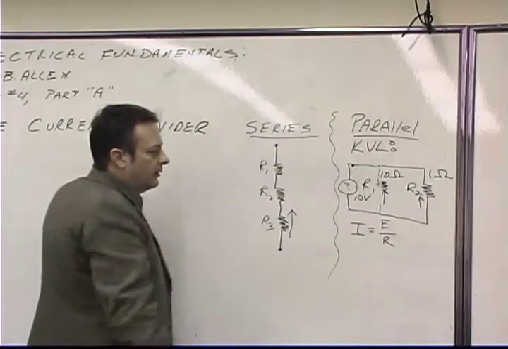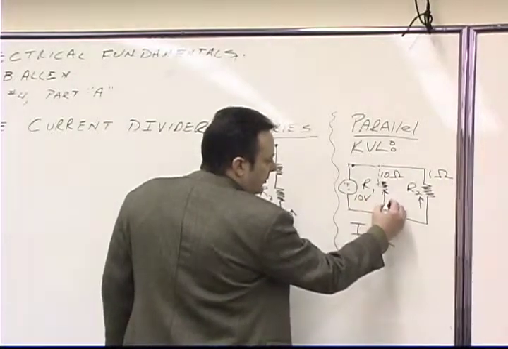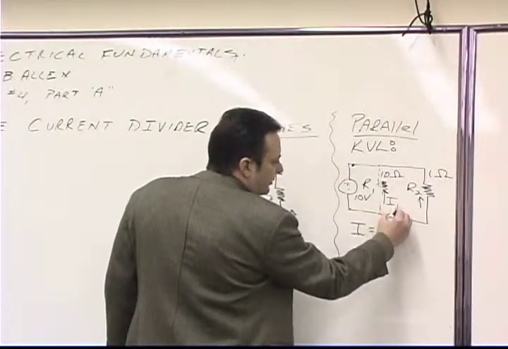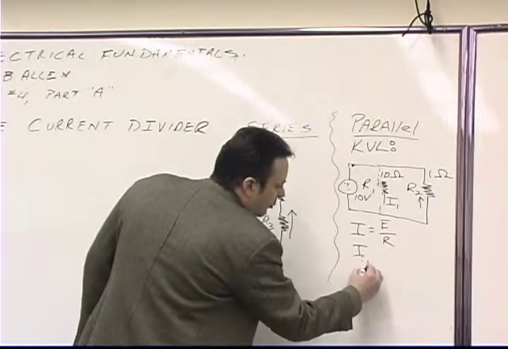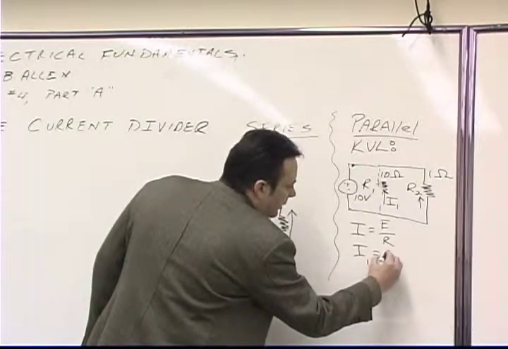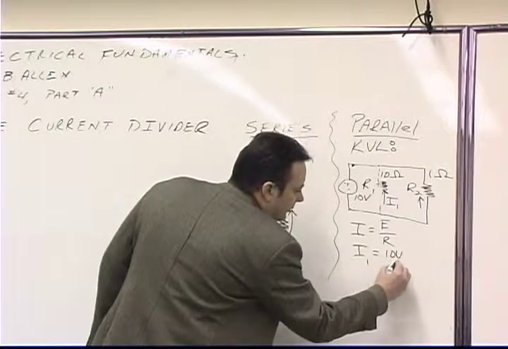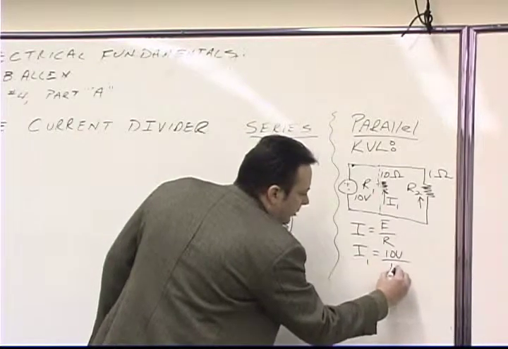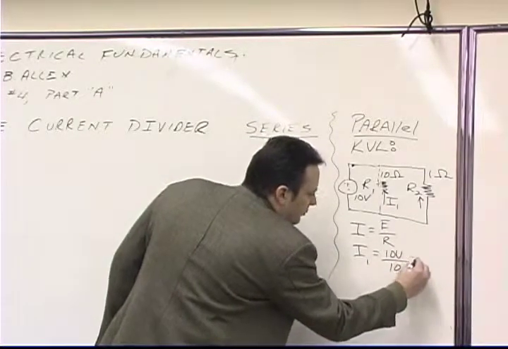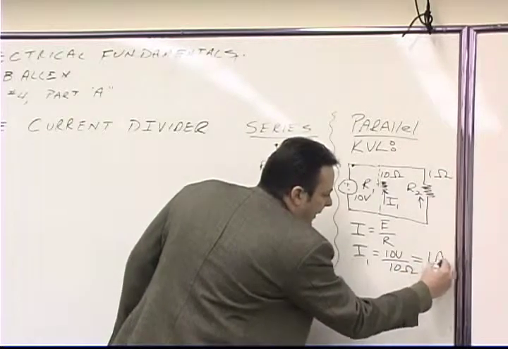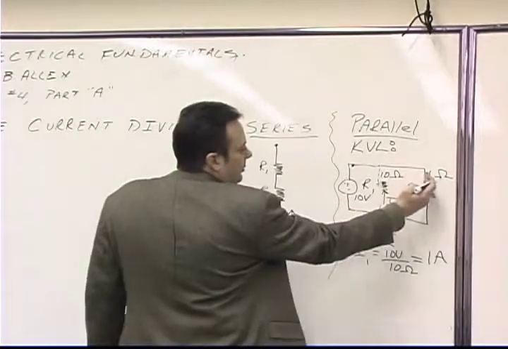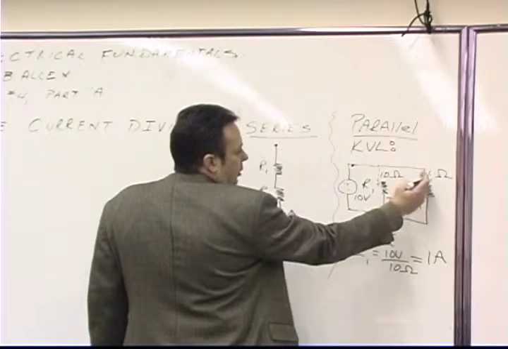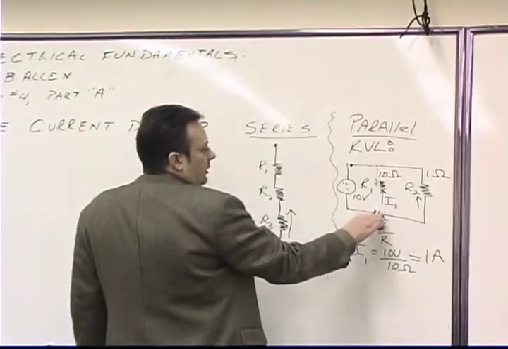So for this branch right here, this would be, let's say, the current through resistor number 1. The current through resistor number 1 would be equal to 10 volts divided by 10 ohms, which would be equal to 1 amp.